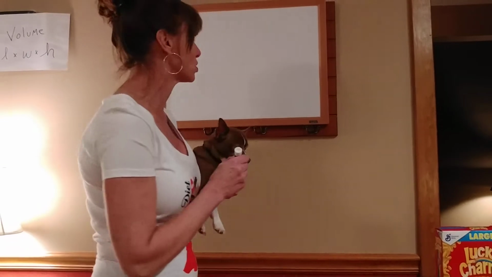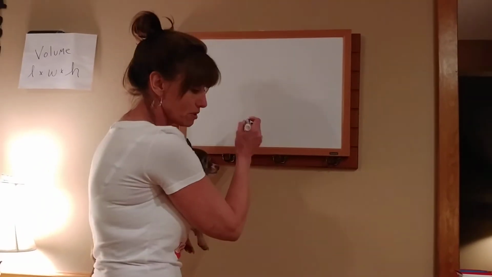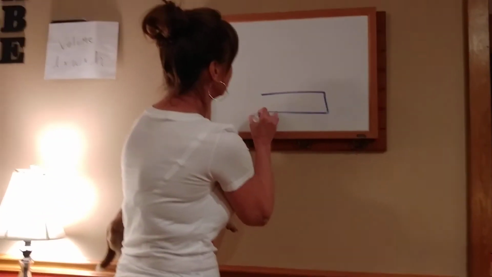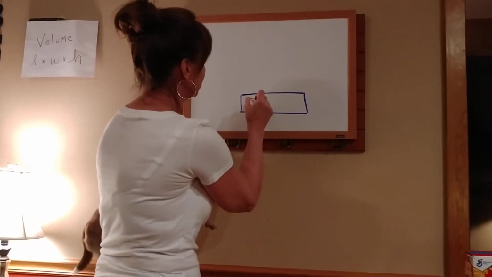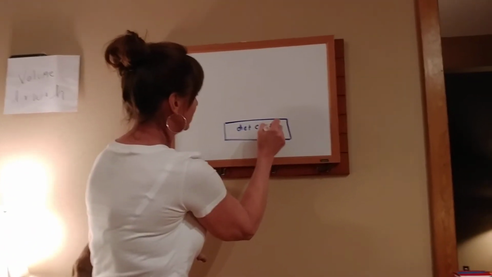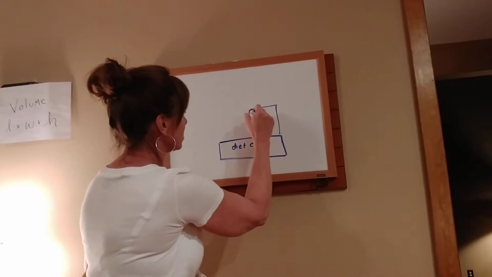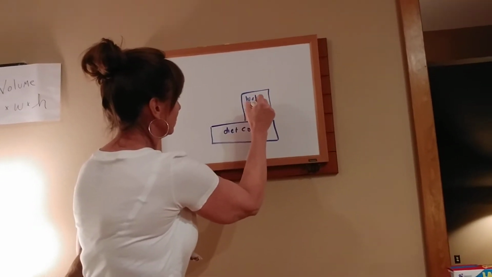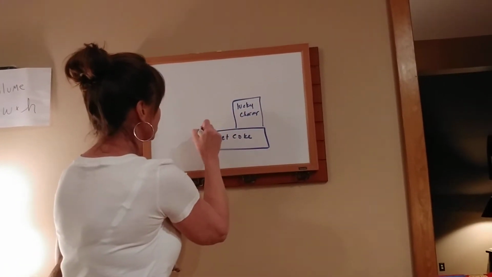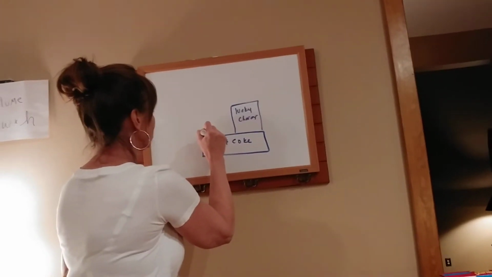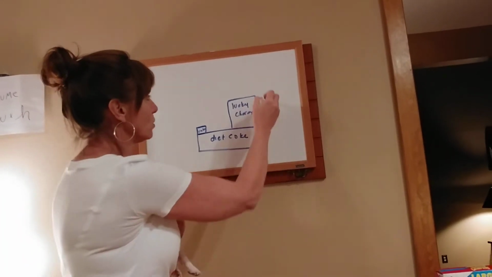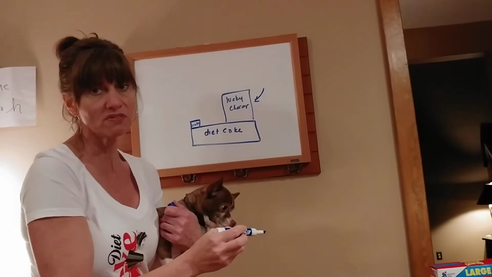Then you're going to give me a drawing of your actual items. So it's going to look something like this. Mrs. Sizemore did a Diet Coke box. Then she did Lucky Charms. And then I did a small Rubik's Cube. I'm going to have you tell me what the volume of each one is.